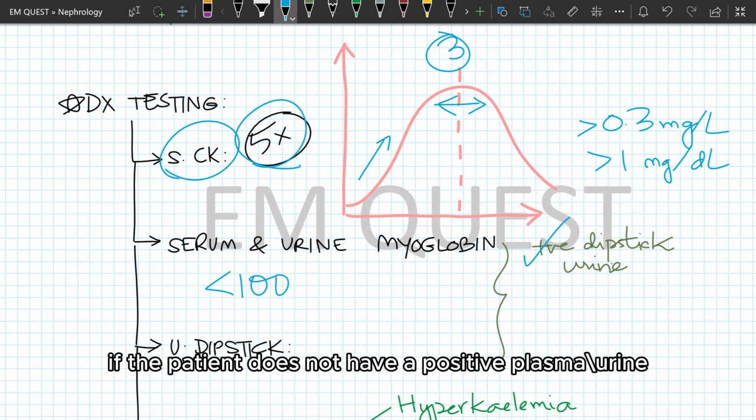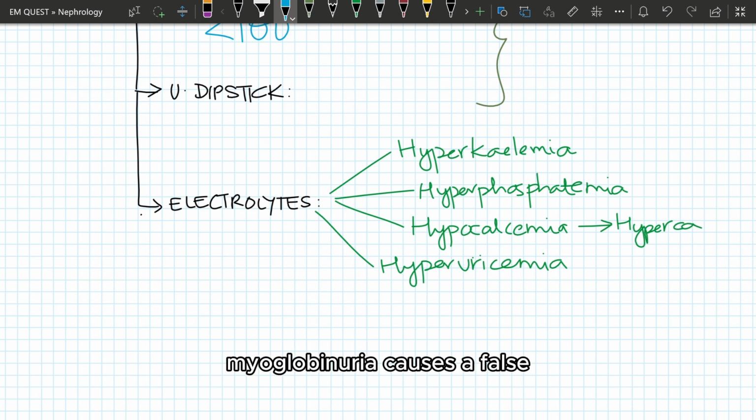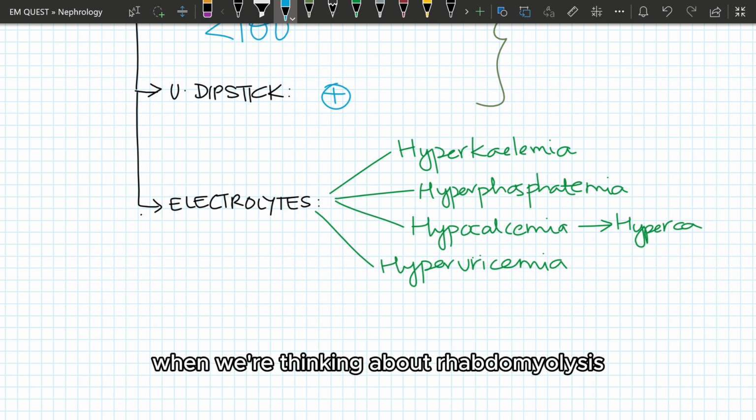And remember, if the patient does not have a positive plasma or urine myoglobin, it does not rule out rhabdomyolysis. As we already discussed, myoglobinuria causes a positive result in urine dipstick, and that is a drawback of doing urine dipstick when we're thinking about rhabdomyolysis.